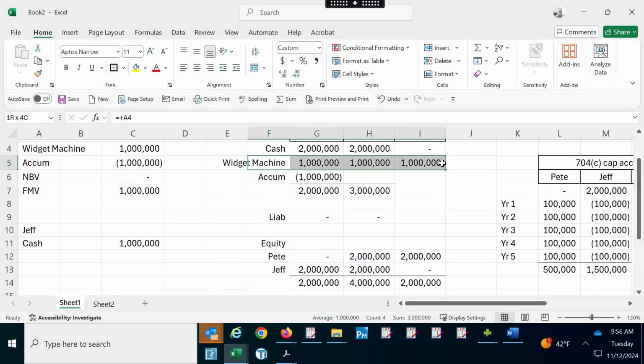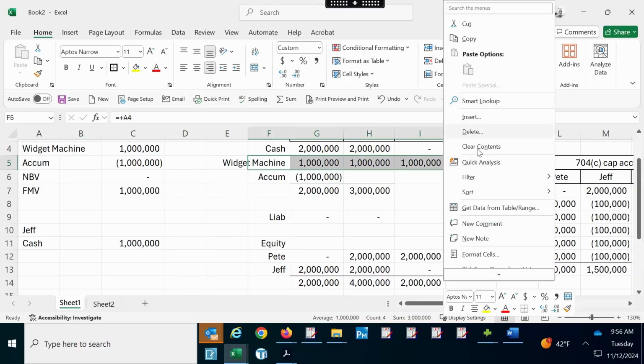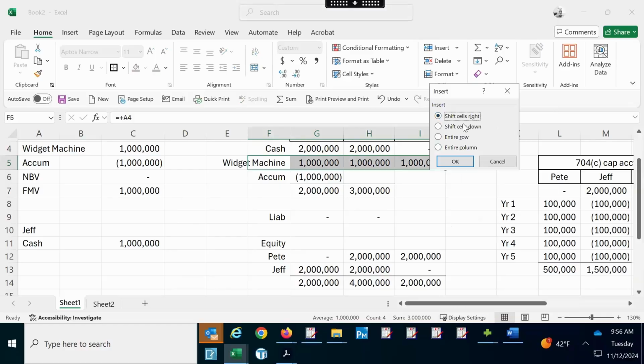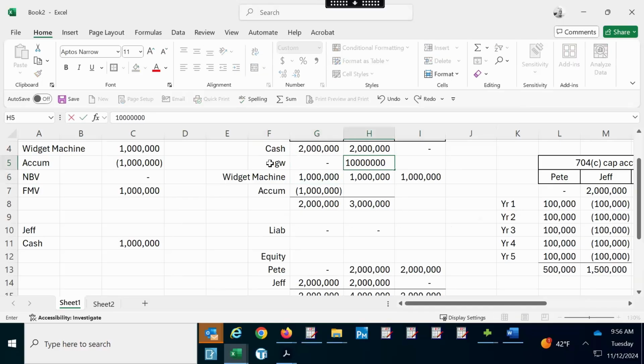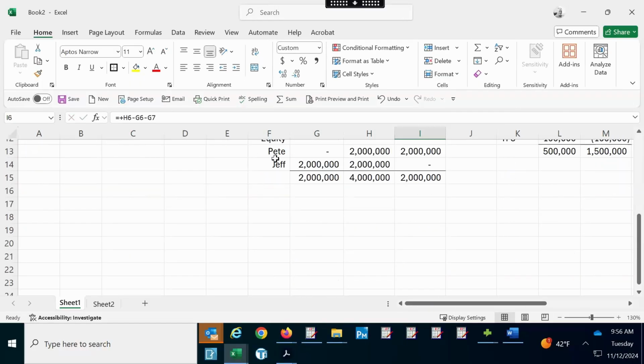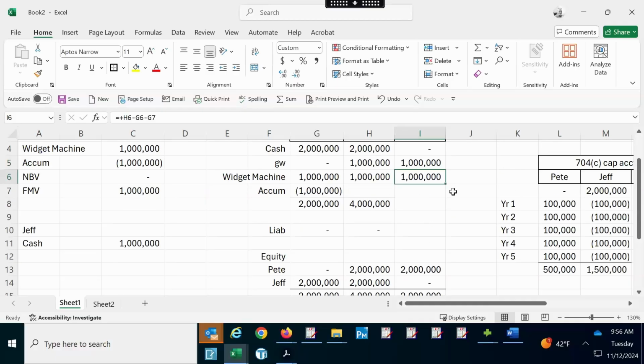Okay, so if we say that there's a goodwill component, we have goodwill, that's $1 million. Are we now in balance?